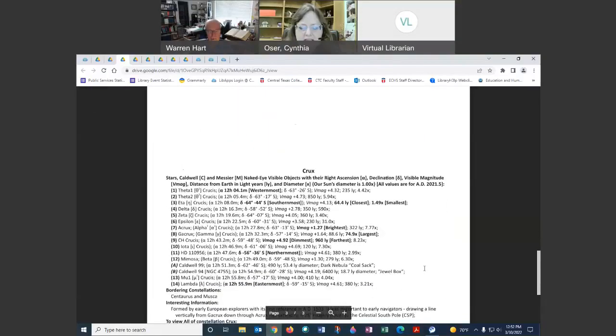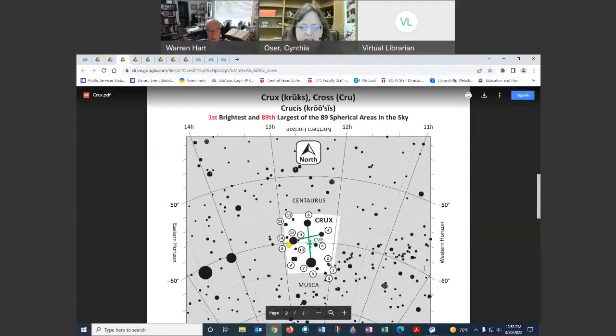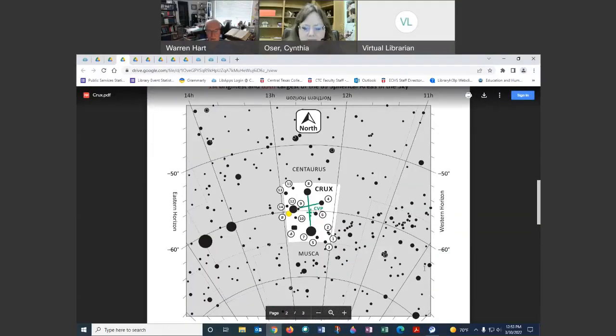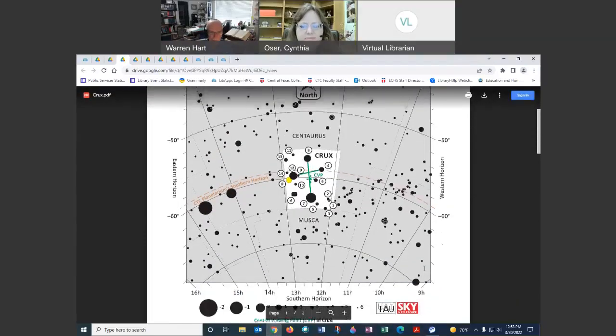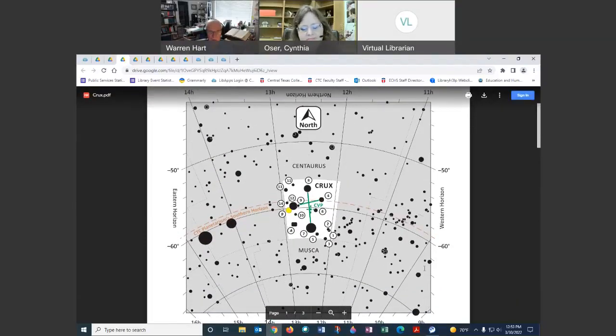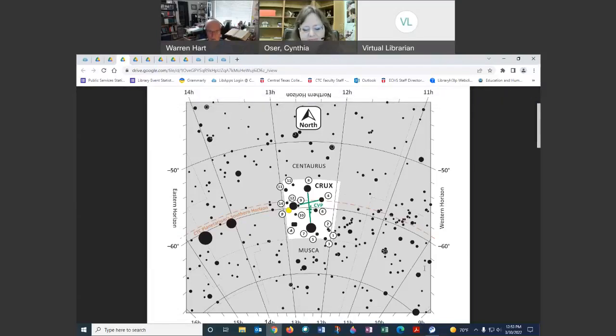And go up to the top of the very first page of it. There we go. Keep going. The next one up. There. Okay. That's our southern horizon. And so that's as far as we can see in there. It's far enough south. There's no ecliptic, and it's also below the Tropic of Capricorn in the south.